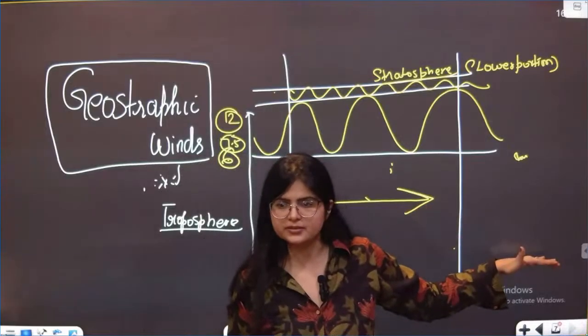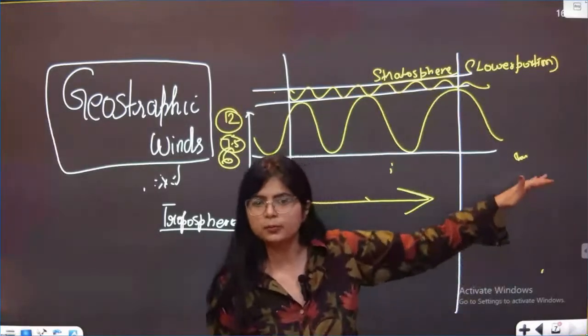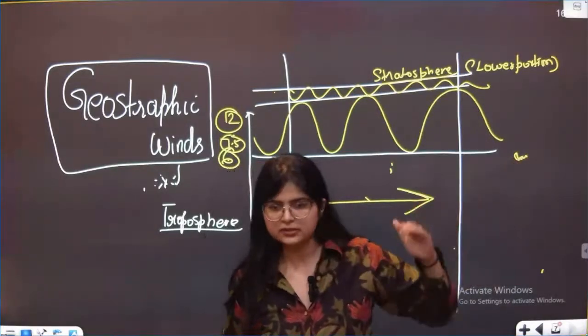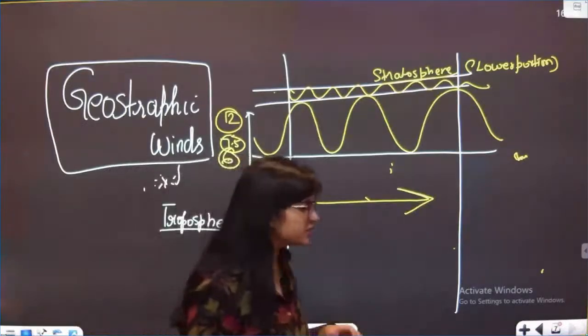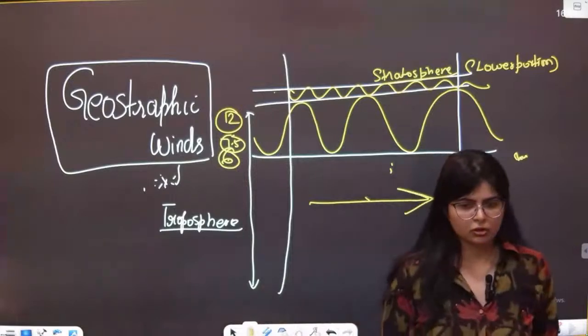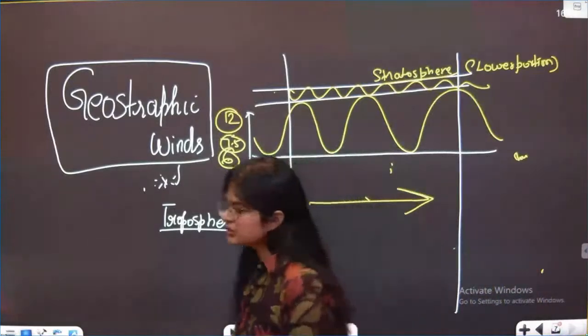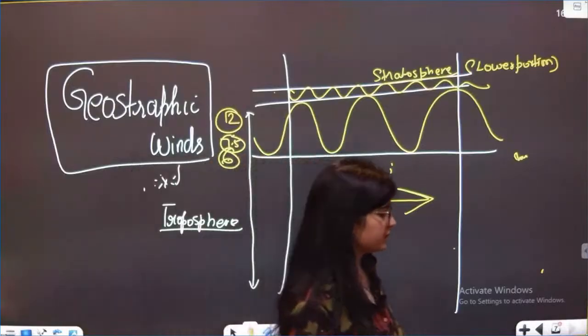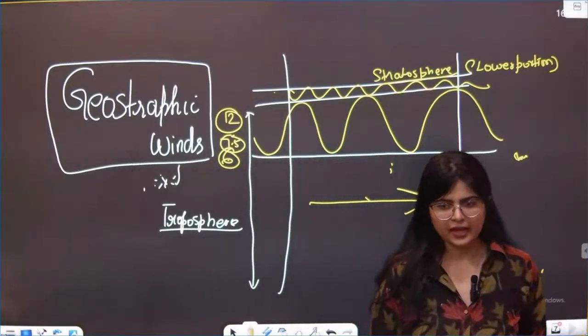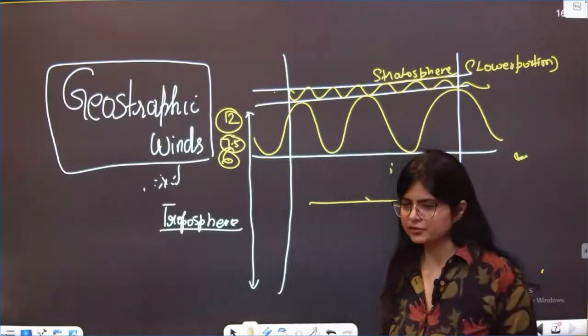So what was the answer? At the poles. Write down this point: Coriolis force acts maximum at poles and minimum at equator.